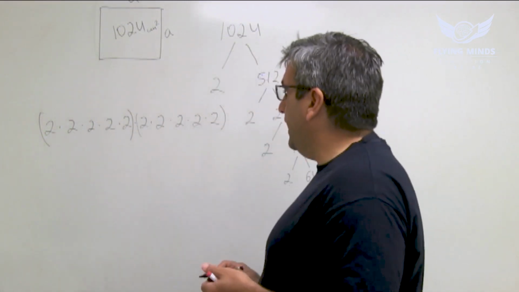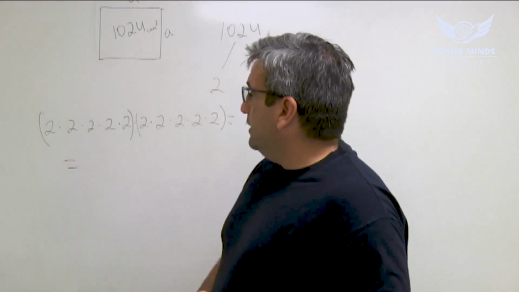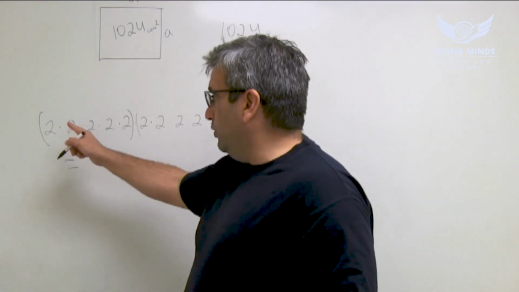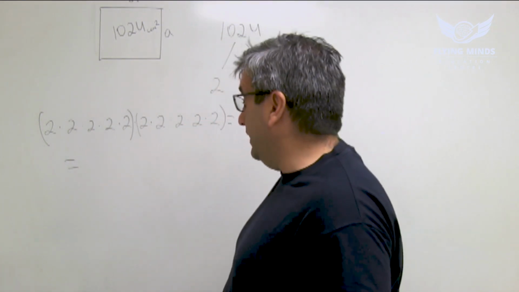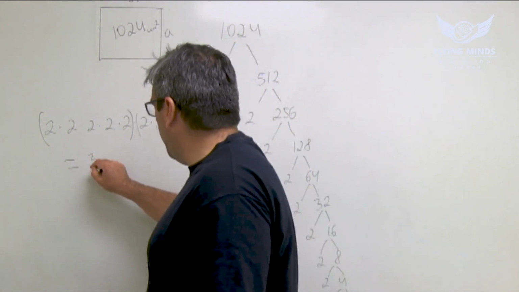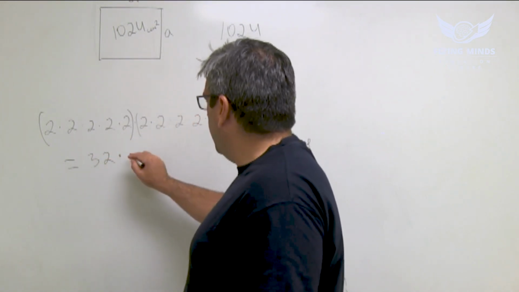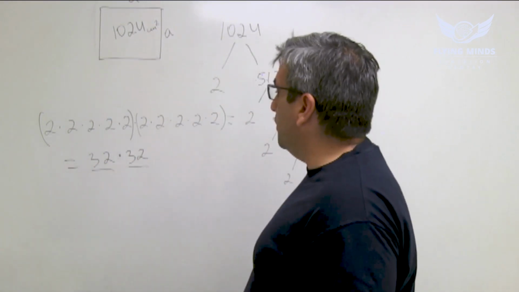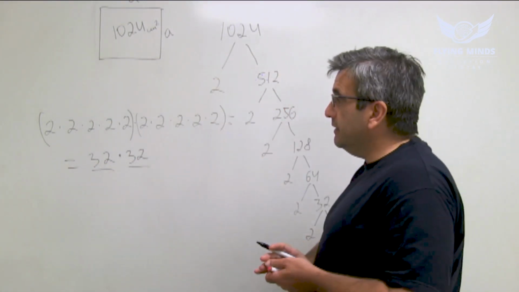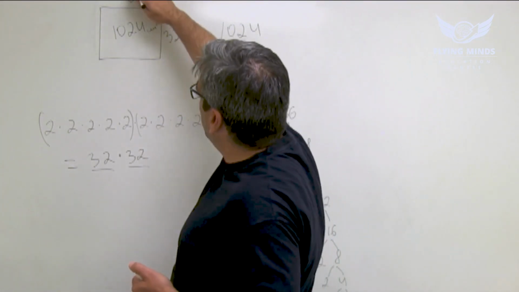And what do we get here? 2 multiplied 5 times is 32. And in the second brackets, we get 32. And here we go, we proved that this is indeed a square with side length of 32.